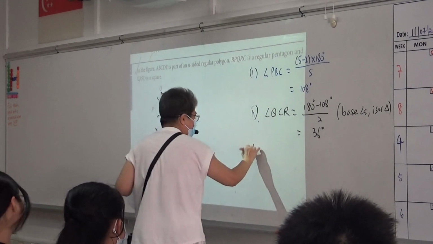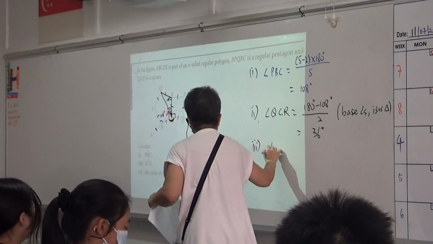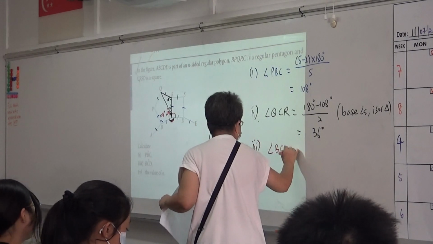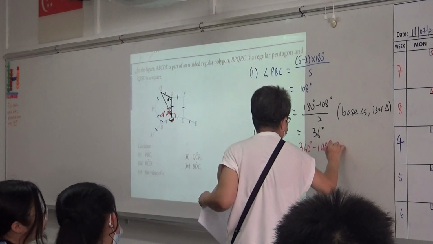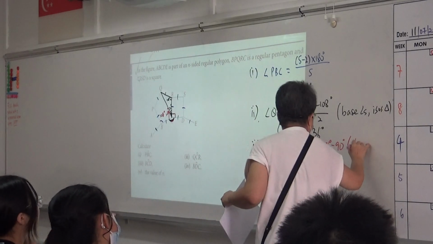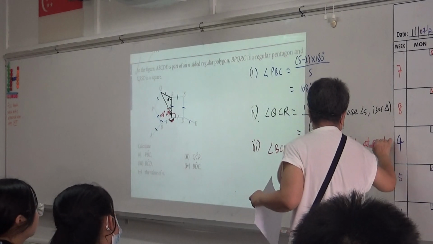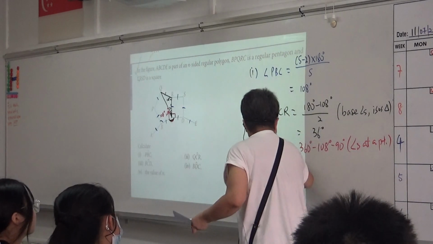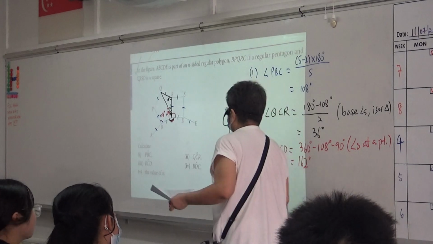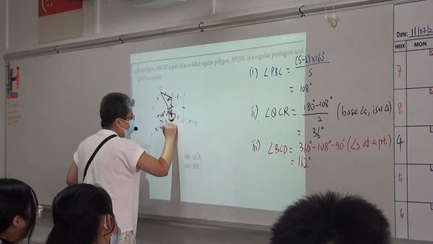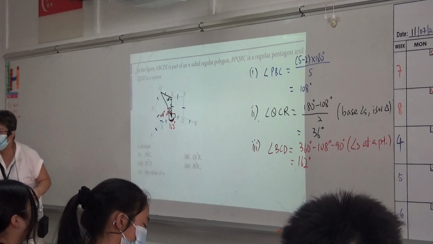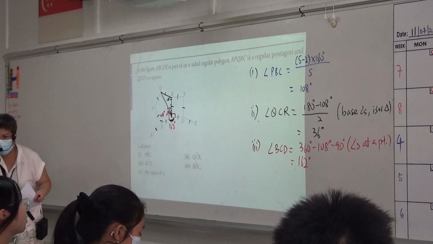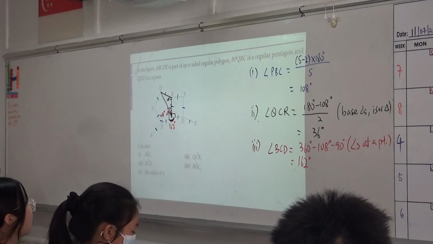So part 3, angle BCD will be 360 minus 108 minus 90, angles at a point. So this will give me 162 degrees. Are we clear here? Yes or no? Yes, okay.